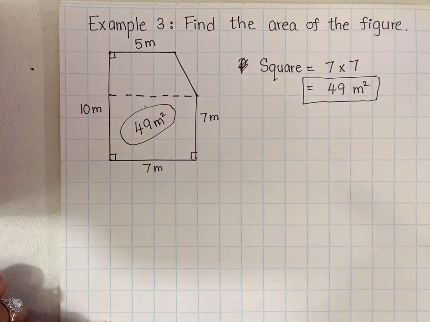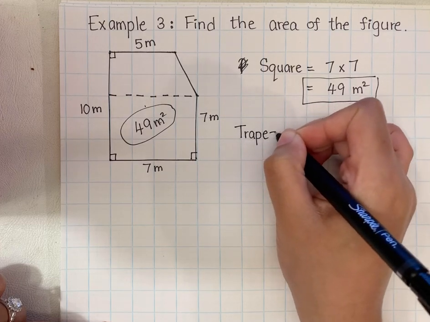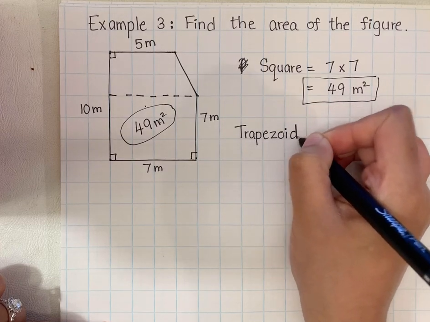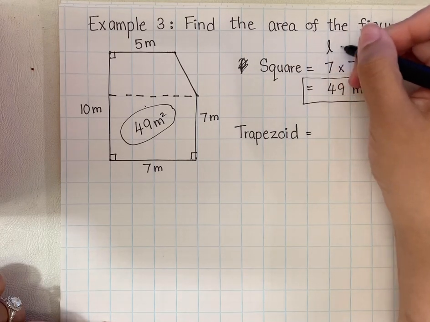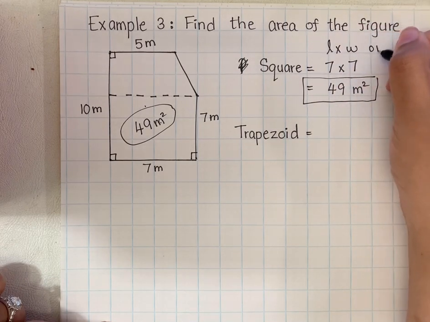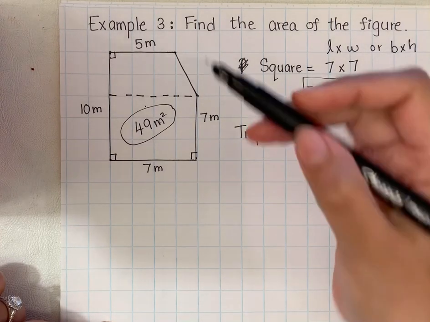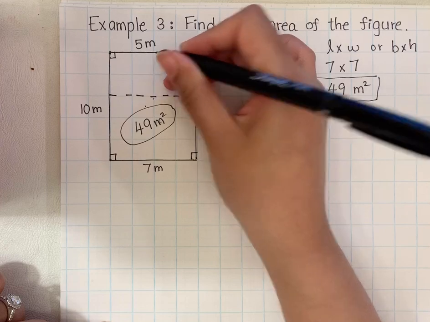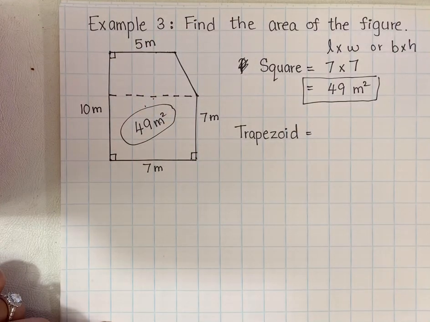And then up top, I have a trapezoid. Again, if you want to write down the formula for squares, you can use length times width or base times height. For the trapezoid, I have base 1, base 2, and the height I'm going to have to determine.